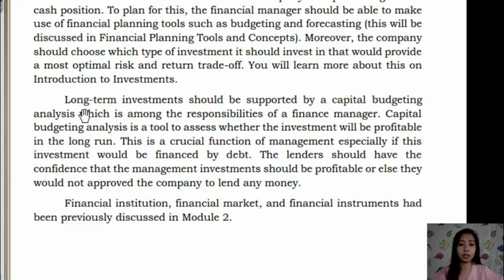That is why long-term investment should be thought through, or you really have to think carefully when you include this in your financial planning.